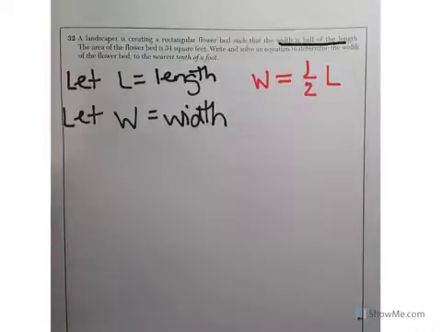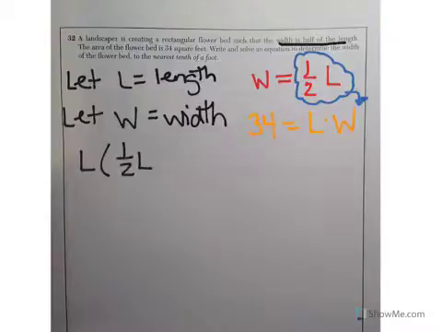Second formula, we have the area of the flower bed. Well, you remember the area is length times width. So the area of the flower bed is 34 square feet. So 34 is going to equal our length times our width. What we need to do is use substitution method and take this 1/2 L and substitute it into our other formula for W. So what we'll have is L times 1/2 L equals 34.